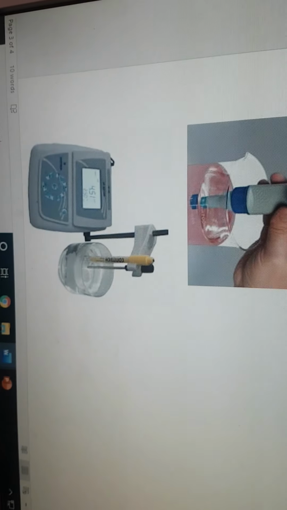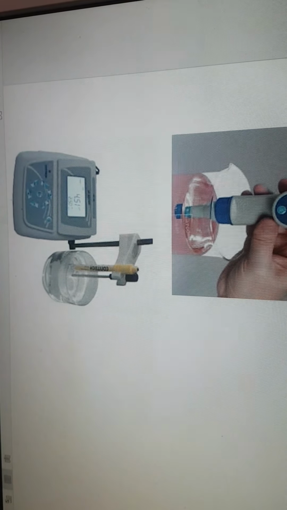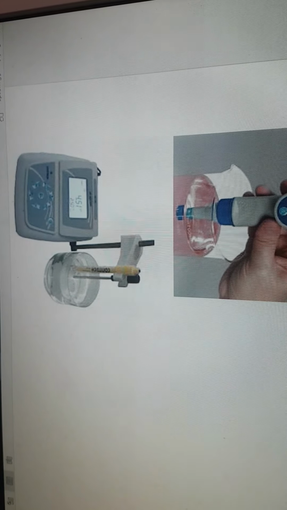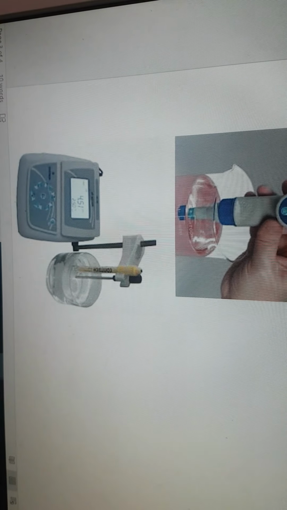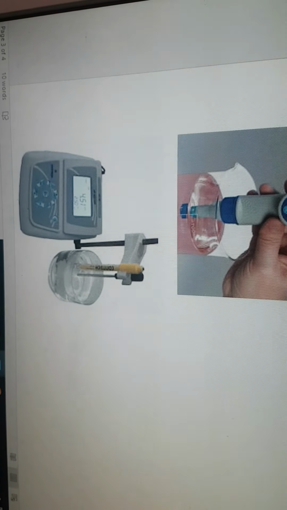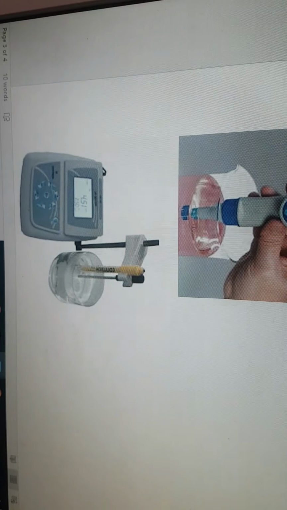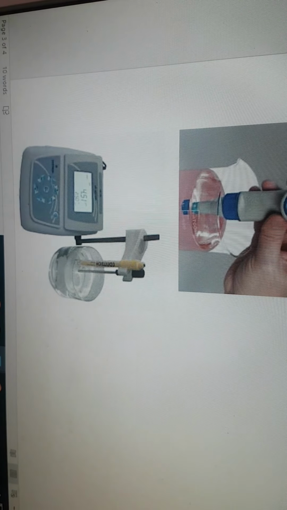Some reactions will involve a change in the electrical conductivity of the solution. If the reactants contain ions and the products do not contain any ions, then there will be a decrease in conductivity over the course of the reaction.